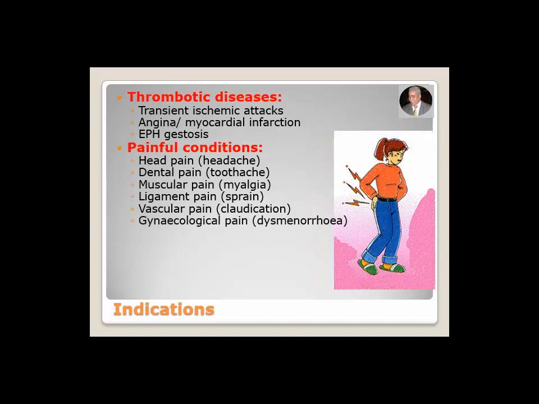And lastly, spasmodic dysmenorrhea, which occurs in young girls before menstruation. However, aspirin is better avoided, and another drug as ibuprofen is used, due to its lower bleeding tendency.